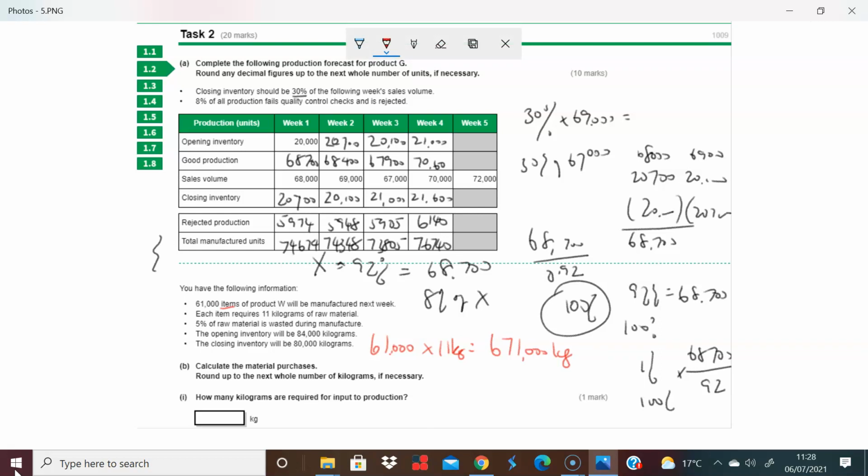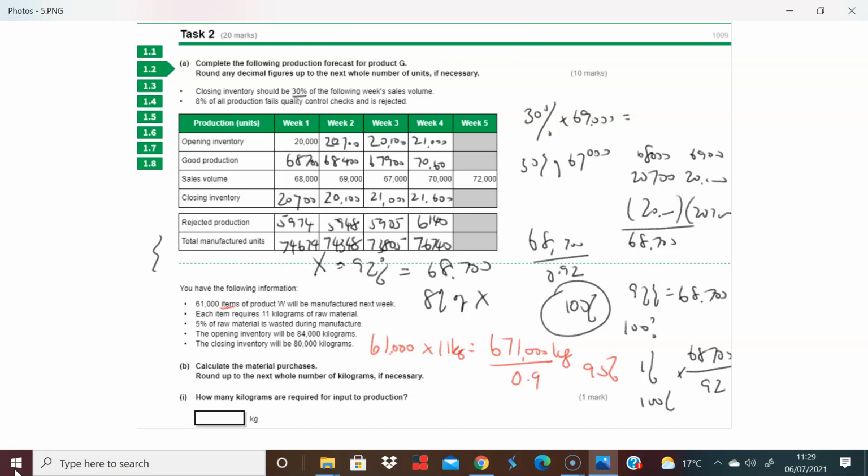Now, we are told in a perfect scenario, that's what we would use for production, but we're told that 5% of this gets wasted. So we need to make sure we are putting more, if you like, into the furnace. The question is how much more? Because we know 5% of what we put in gets wasted, we know this is the equivalent of 95%, isn't it?